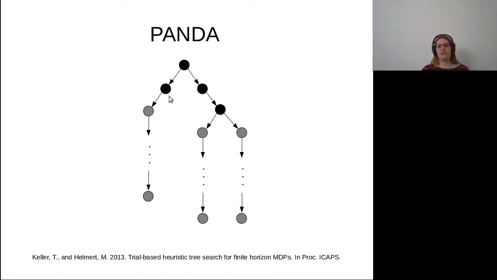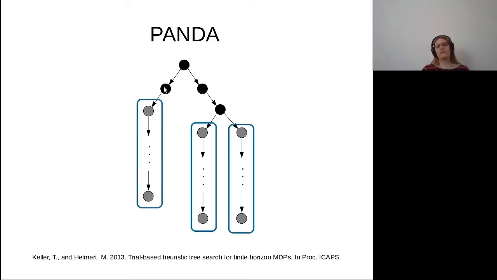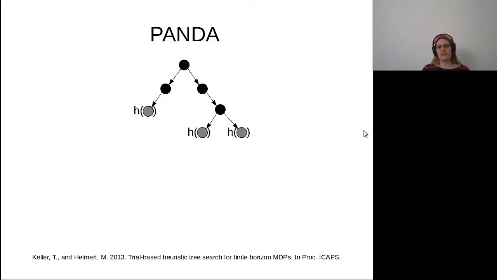To implement Monte Carlo tree search into Panda, we looked at what makes Panda special, and this is that instead of using random rollouts, we can simply rely on heuristic estimates, as this is grounded and we have heuristic concepts for grounded planners. This idea of using a Monte Carlo tree search-like approach, but with heuristic estimates instead, was discovered by Keller and Helmert, and it's called trial-based heuristic tree search. We only implemented this into Panda.